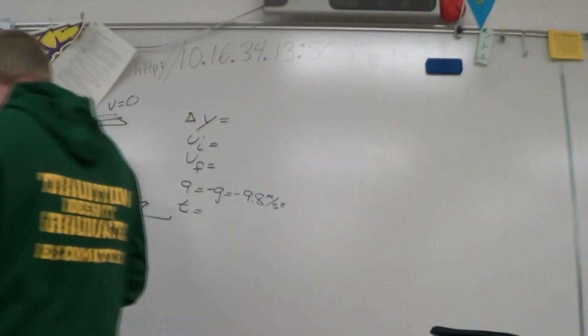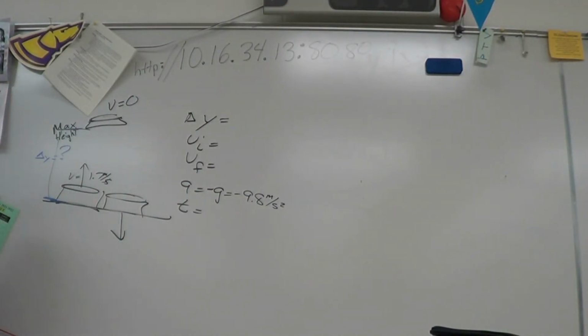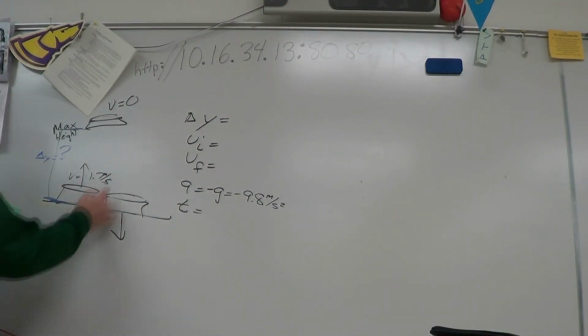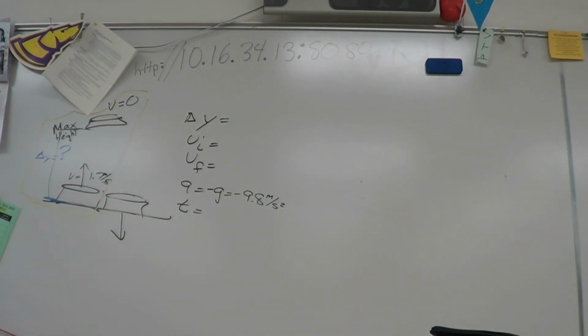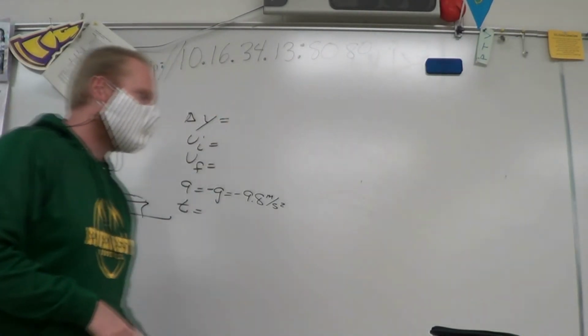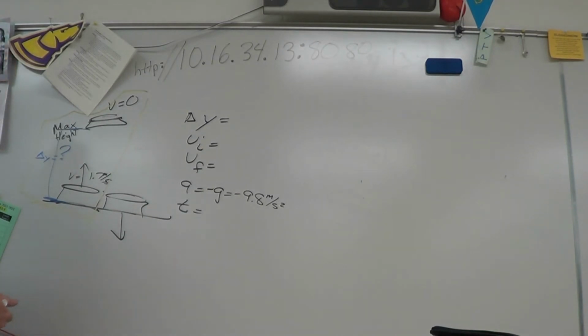I was going to try to use a red marker, but I don't have any red markers anymore. So if I look at max height and only to max height, I can say this is my first location and this is my second location.